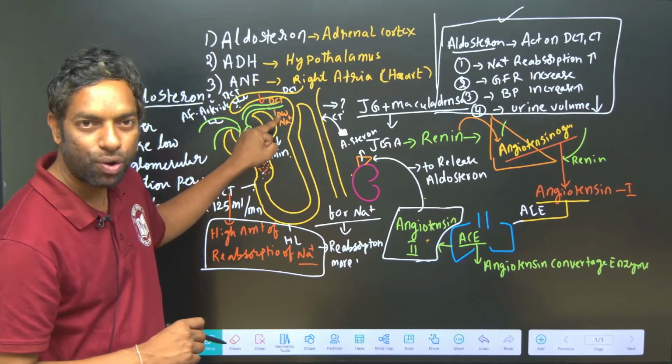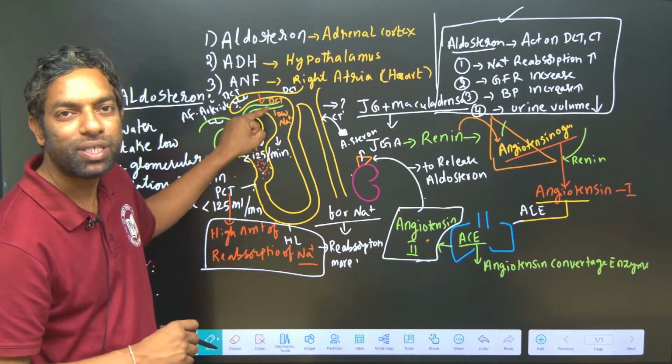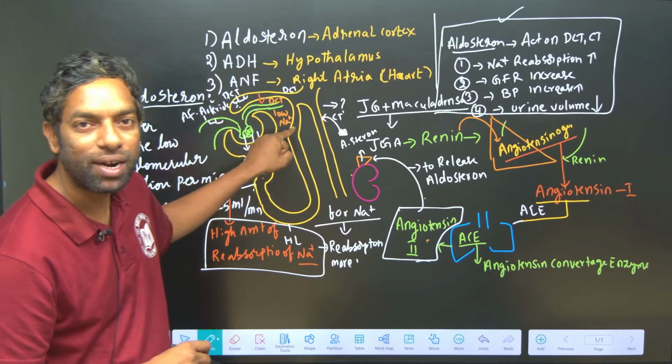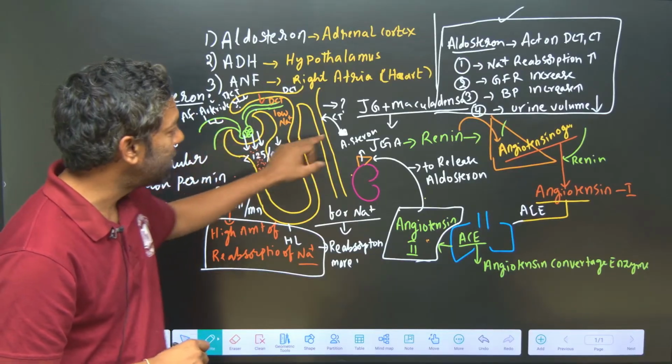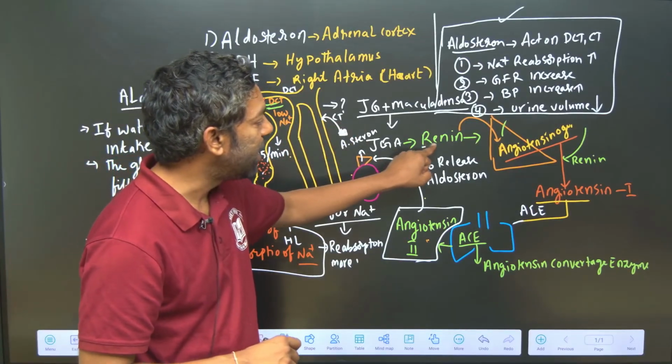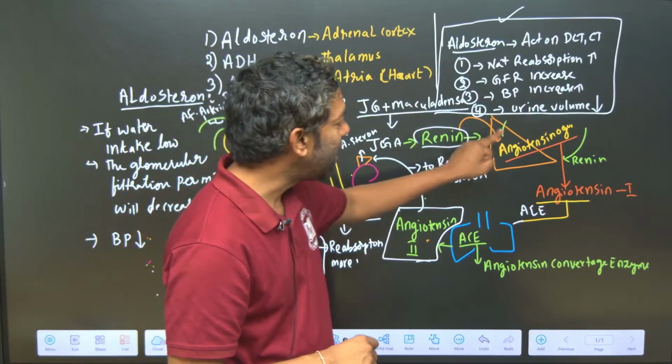That is recognized by the DCT cells, macula densa, and the JG apparatus of the efferent arteriole, which together release renin. The renin acts on the liver.